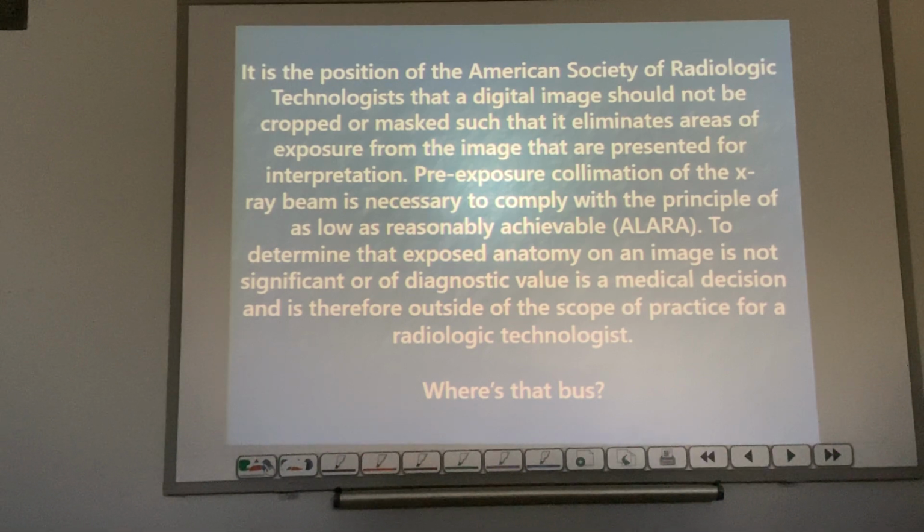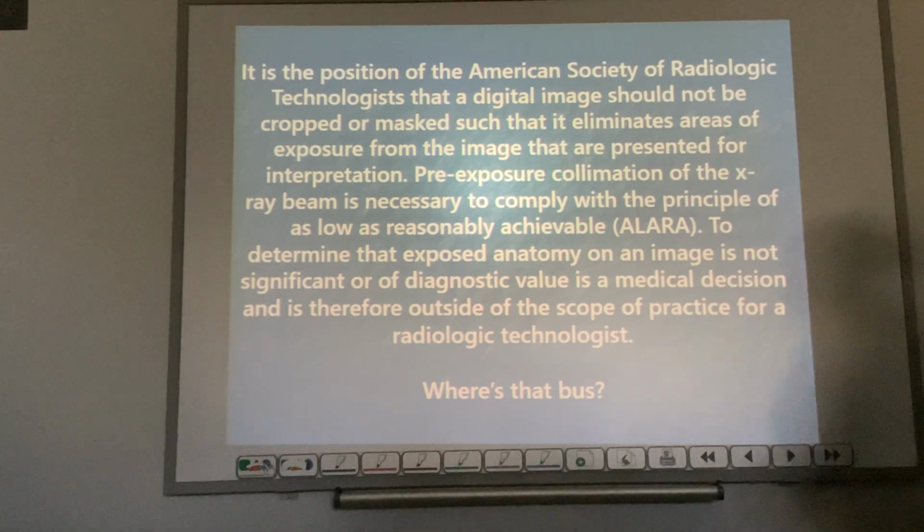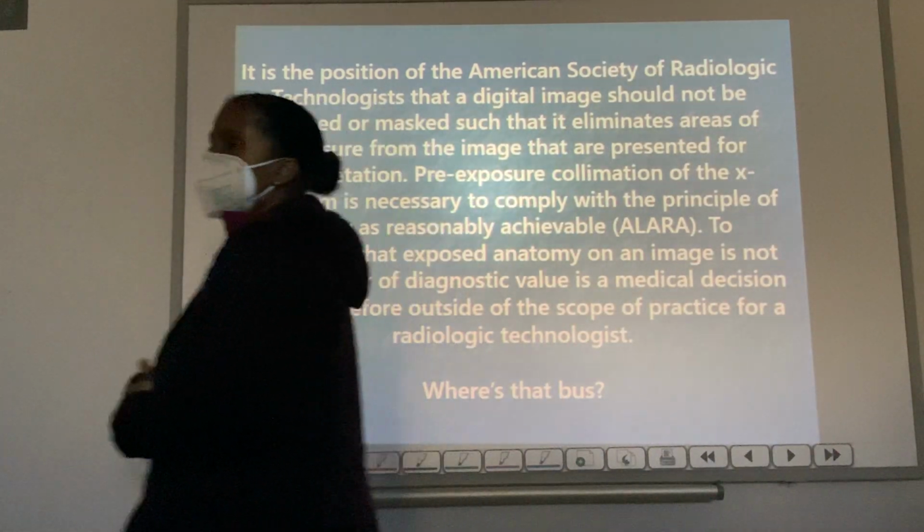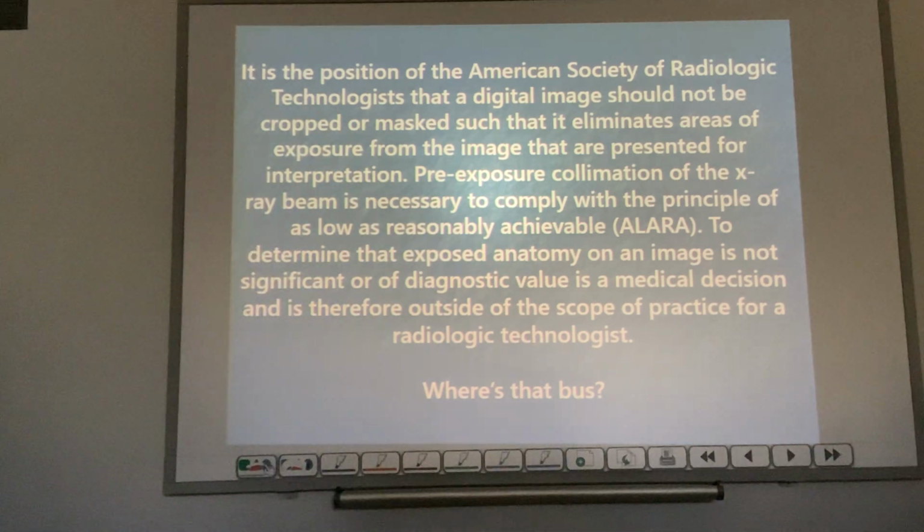But we know that shielding practice has really changed and is kind of no longer a thing in the clinical environment. So keep up to speed on that as things continue to change through legislature and stuff like that. It's still a part of our curriculum. The ARRT has not made any changes in regards to that, so that's why we're still implementing it in our programs and in our instruction, but it's important for you as professionals to keep up with any potential changes once you're out in the work field.